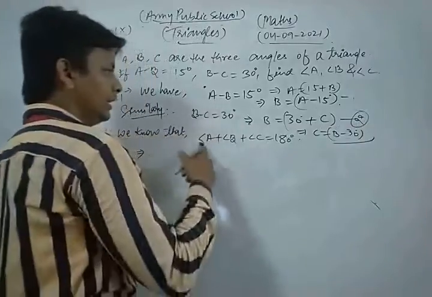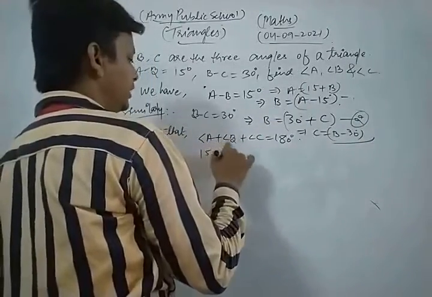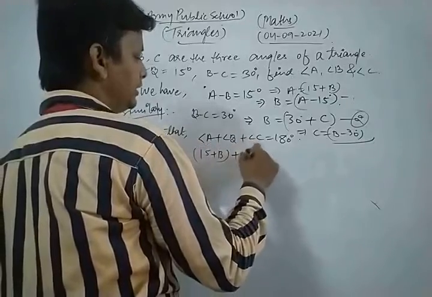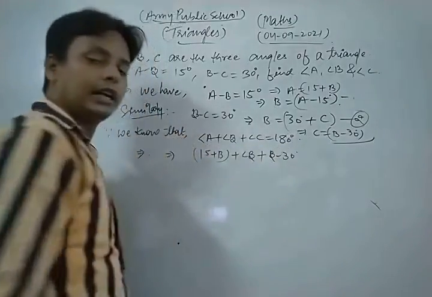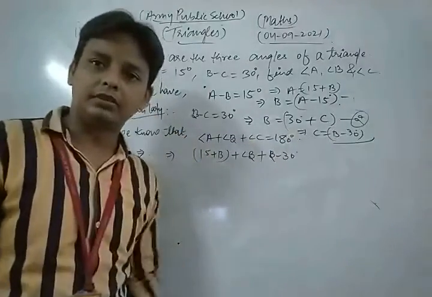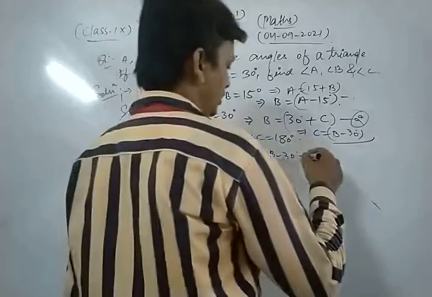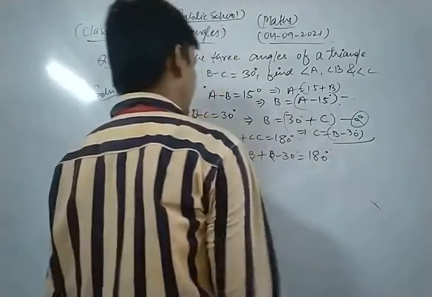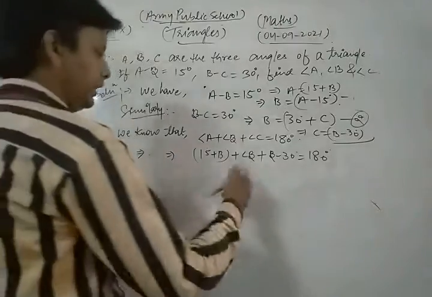So we put angle A as 15 plus B, angle B as it is, and angle C as B minus 30. We can write now, by the help of the given question, the sum is equal to 180 degrees. Now we break the brackets.